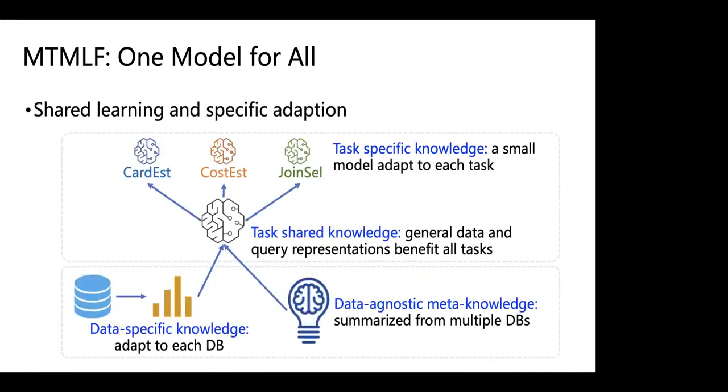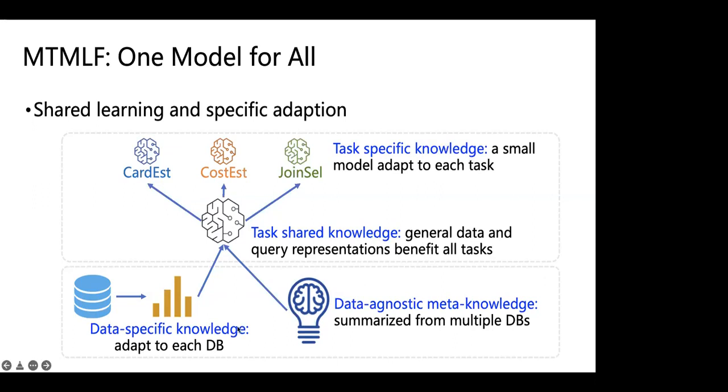So our method is to use shared learning and specific adaptation. On the task level, we represent the data and query in a general way that can benefit all tasks, and for task-specific knowledge, we use a small model to adapt to each task.